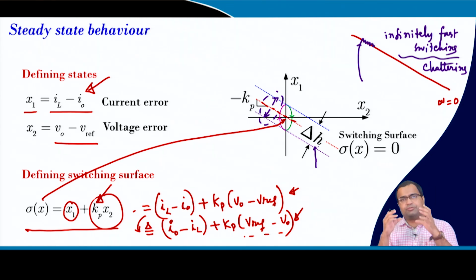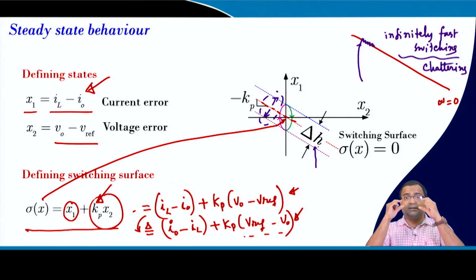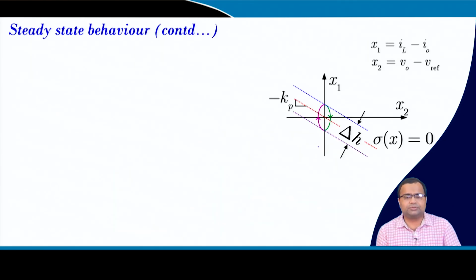So, we can introduce a band, and this is usually the case in hysteresis based implementation. And if we introduce a time, then we can think of a constant on off time implementation, where we are putting in a dead time. Okay. So, the steady state behavior, sigma x.